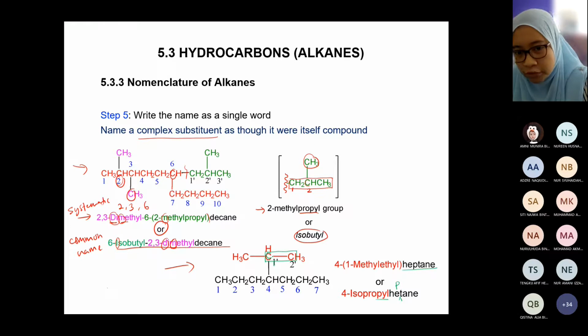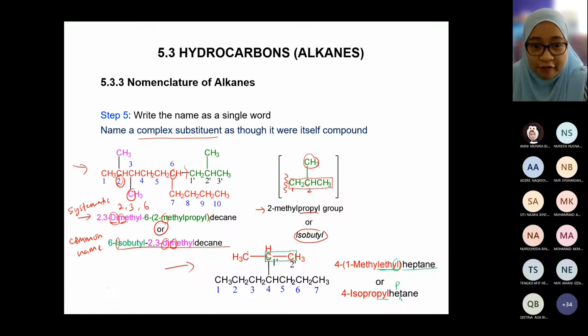1, 2. So we have 2 parent chain for these substituents, right? So if we have 2 carbons in the parent chain, then it is called ethyl. Okay, it ends with YL because here it is a substituent.